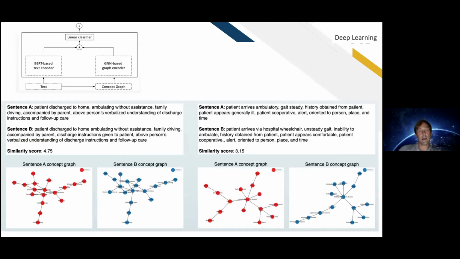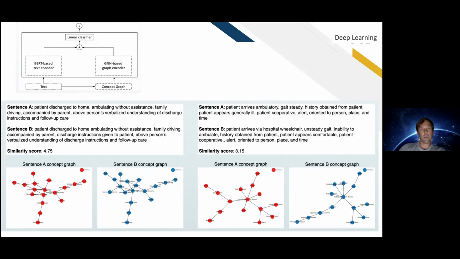And so I just wanted to give an example of some of the work that we've done in the last year in this space. This was a particular task looking at semantic similarity between sentences and trying to arrive at a score about how similar two sentences might be on a 1 to 5 score.